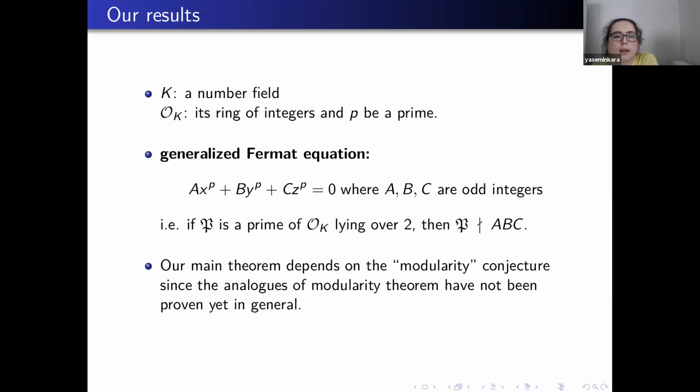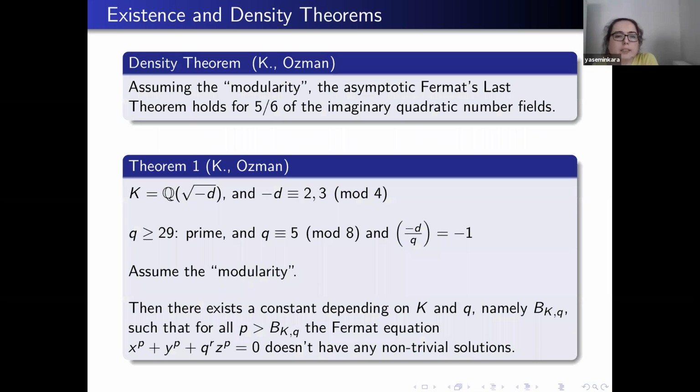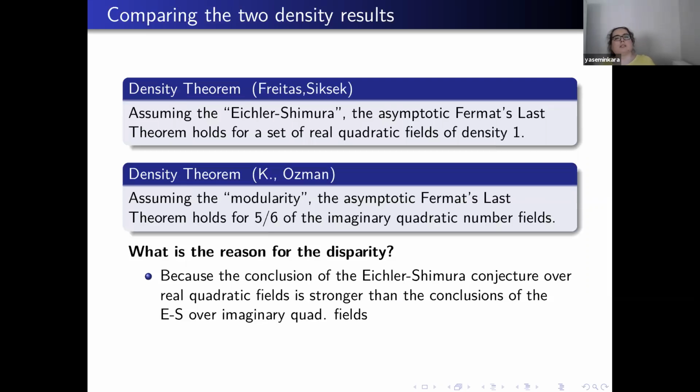And you might ask why there is a difference. Okay, now let me explain this. In Freitas and Siksek, when they assume Eichler-Shimura, the asymptotic Fermat conjecture holds for a set of real quadratic fields of density 1.